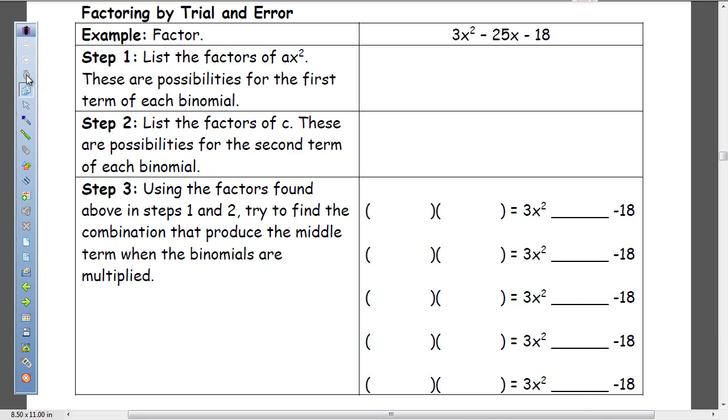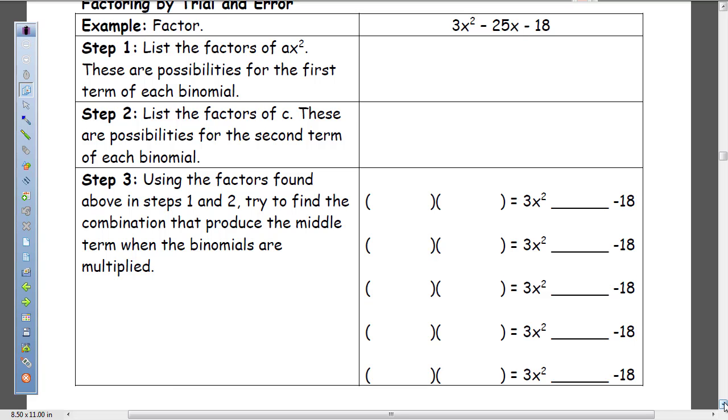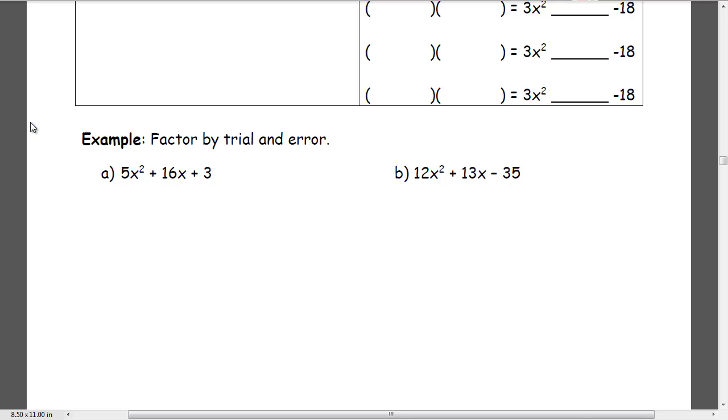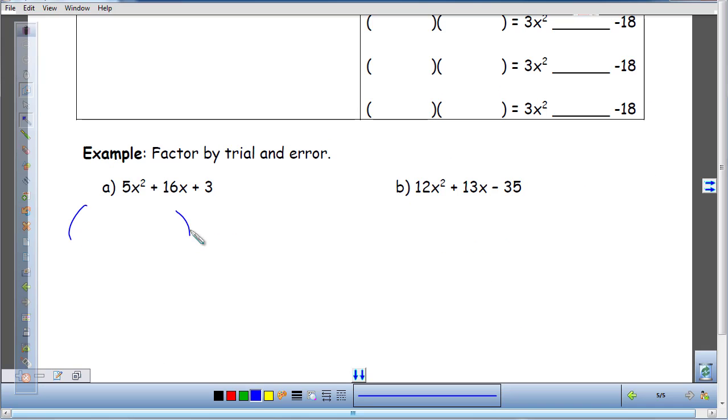I would only use that when I only have a few possibilities. So like in A here, we've got 5x squared plus 16x plus 3. When I set this up for 5x, I'm going to have 5x as a first term and x, because 1 and 5 are the only factors of 5, right? For 3, the only factors are what? 1 and 3.